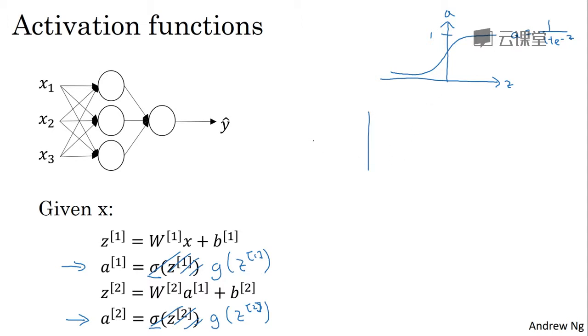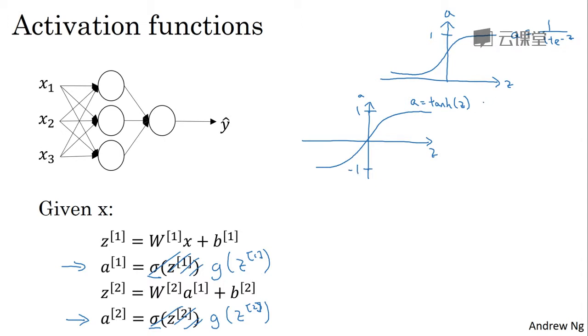An activation function that almost always works better than the sigmoid function is the tanh function, or the hyperbolic tangent function. So this is z, this is a equals tanh of z, and this goes between +1 and -1.